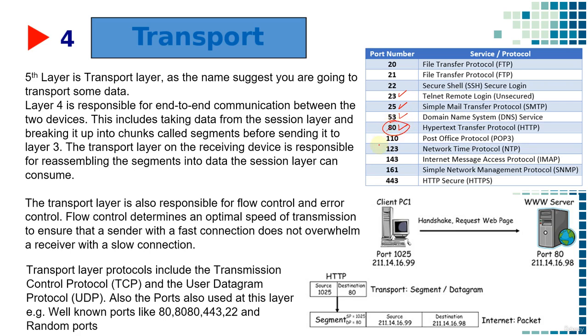That is why 443, HTTPS with SSL/TLS, was added to secure our web communication. Similarly, we have POP3 on 110. 123 is used for Network Time Protocol, NTP, 143 is for Internet Message Access Protocol, and 161 is used for SNMP.